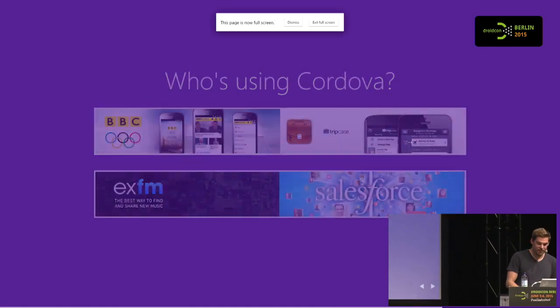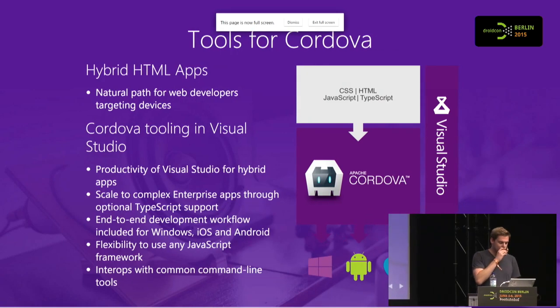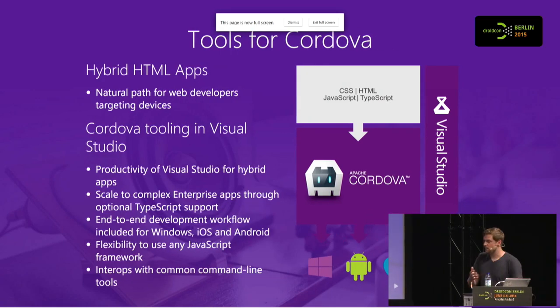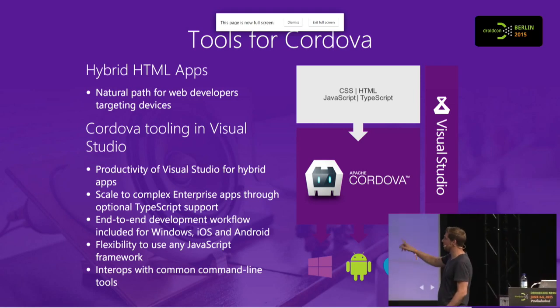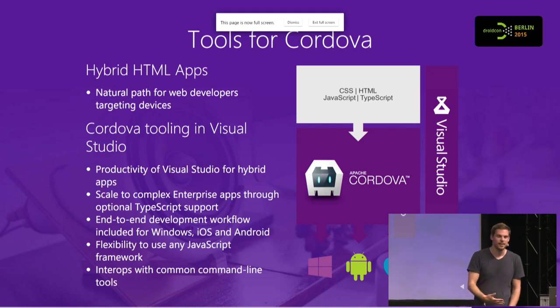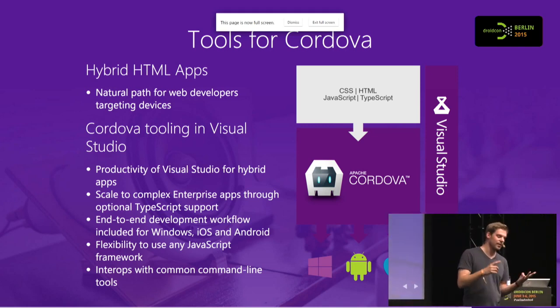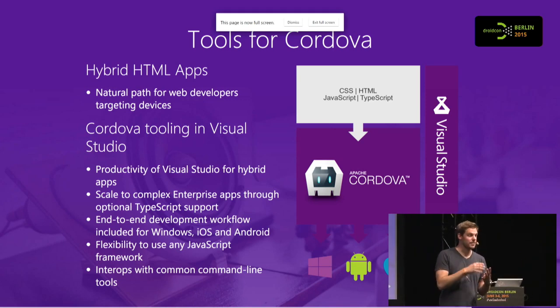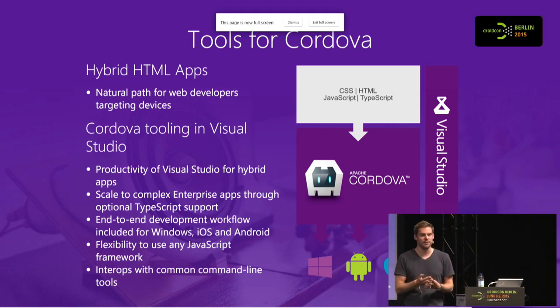So let's talk about what we have done. Again, I already spoke about the things that we have done for Cordova itself. At the same time, the main thing we could do is improve interop, right? Give you one IDE that can deploy directly to a Windows emulator, to an Android emulator, to Ripple, to an iOS emulator. You can debug your application on every single emulator that is out there.